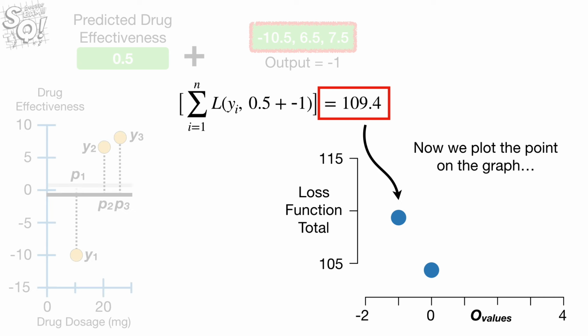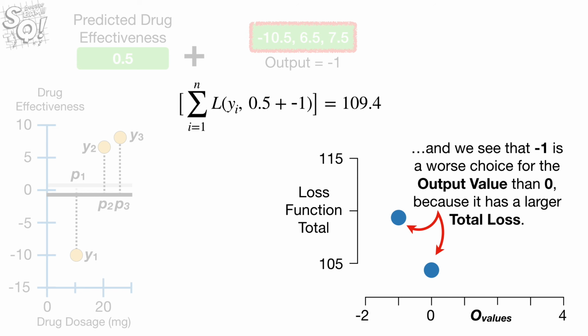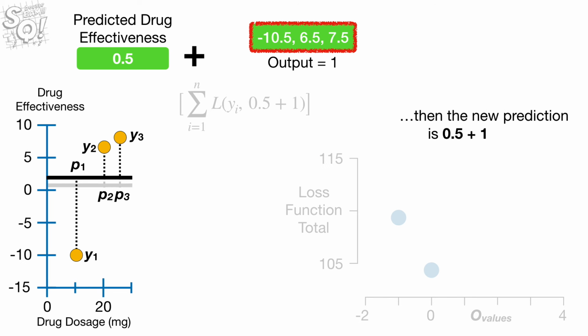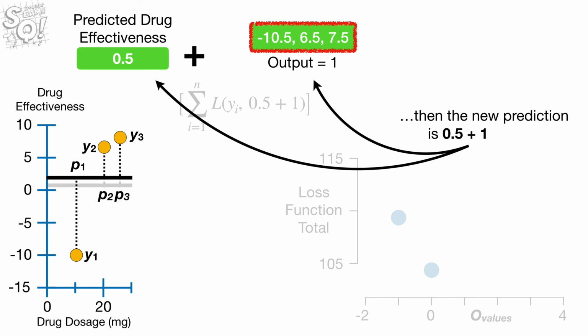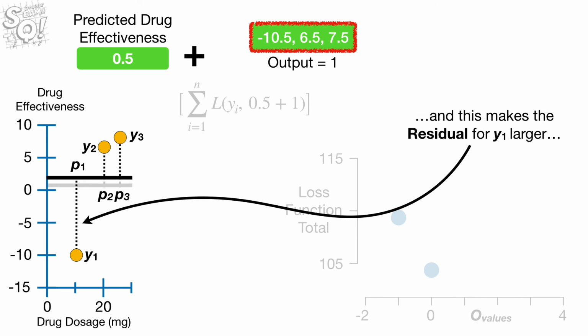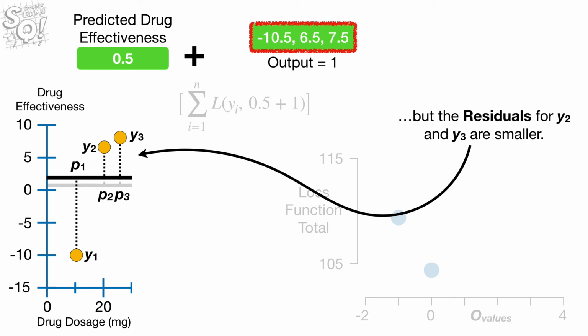Now we plot the point on the graph, and we see that -1 is a worse choice for the output value than 0 because it has a larger total loss. In contrast, if we set the output value to +1, then the new prediction is 0.5 plus 1, which equals 1.5, and that makes the residual for y sub 1 larger, but the residuals for y sub 2 and y sub 3 are smaller.